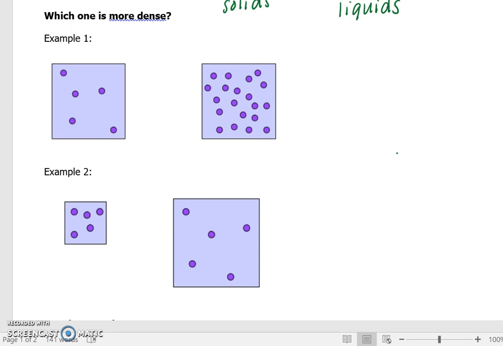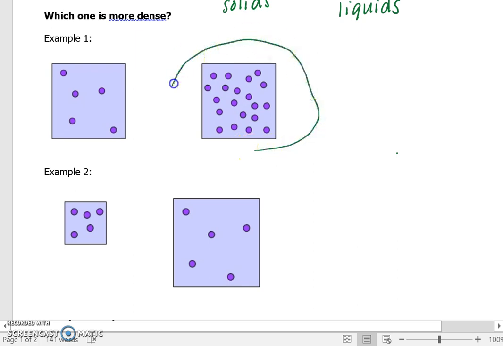And so because density is a comparison of how much matter there's in a certain amount of space, because here we have the same amount of space, the one that has more matter in that same amount of space is going to be the thing that is more dense. Now this could be something like the one on the left could be maybe aluminum compared to the one on the right, which might be lead, because lead is more dense. It has more stuff in the same amount of space. It would feel heavier to you.